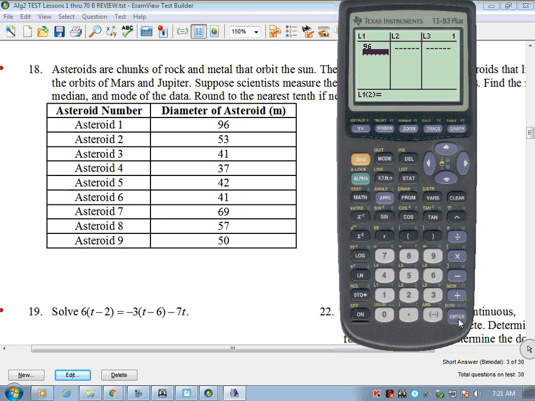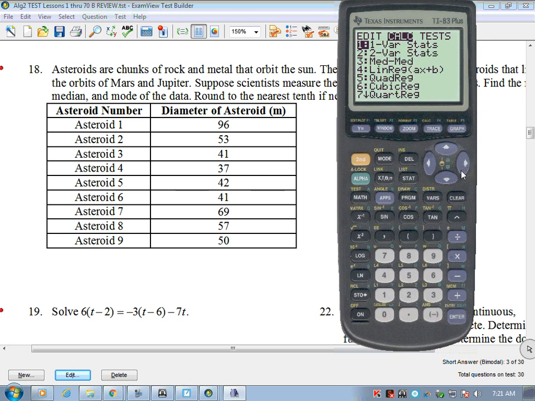So we got 96, enter, 53, enter, 41, enter, 37, enter, 42, enter, 41, enter, 69, 57, 50.